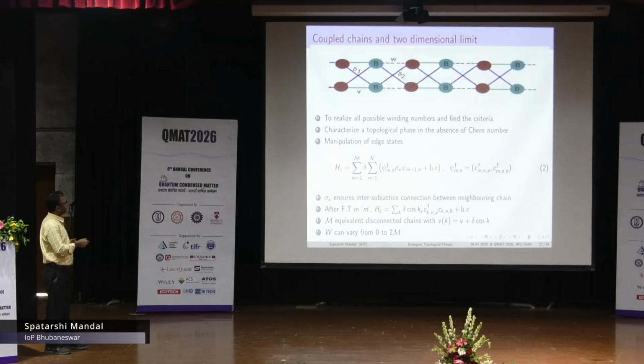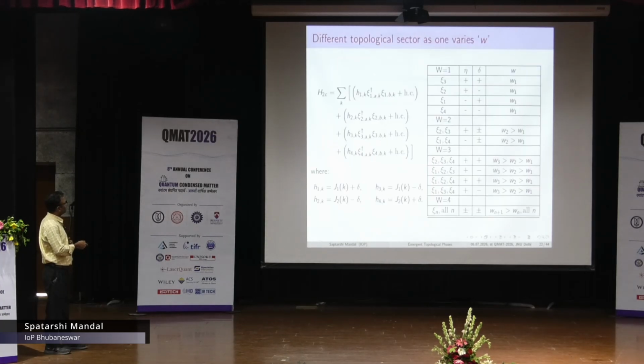So if we have, let us say, 10 such coupled chains, my winding number can vary from 1 to 20 in steps of all integer numbers. So W can vary from 0 to 2M, and this is an interesting observation.